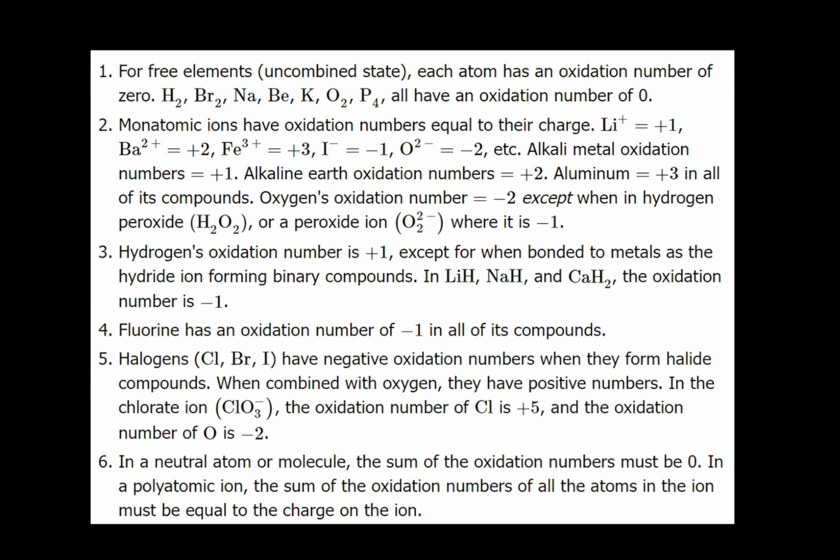So your group 1 metals like lithium, sodium, potassium, rubidium, cesium and francium. Look at these elements. They're all in group 1 of the periodic table, and they all have oxidation states of generally +1. So those are the group 1 elements, our alkali metals.